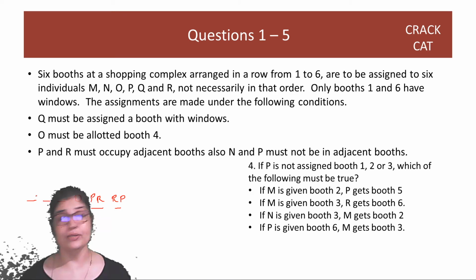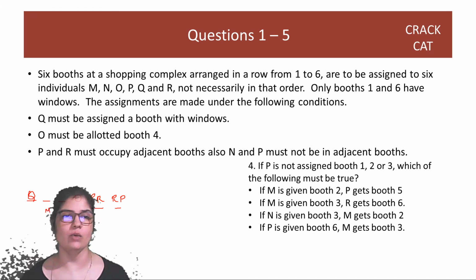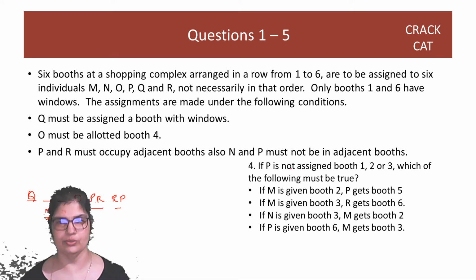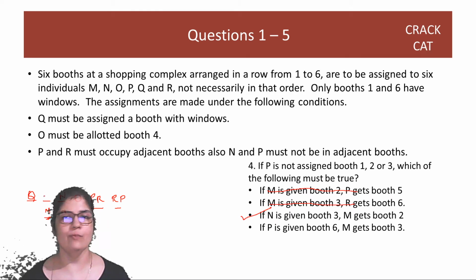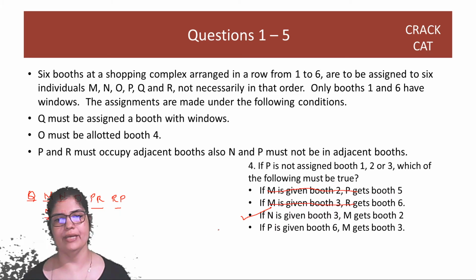Now Q needs a window, so Q has to be here, so it's between M and N. So given what M will do, I can say what N can do, but given what M will do, I cannot say what P and R will do, right? So I can eliminate the first option because it is connecting P and M. Second option is connecting M and R. I need to connect N and M. That's only happening in the third option. That if N is given booth 3, M will be given booth 2. Even P and M, no connection.